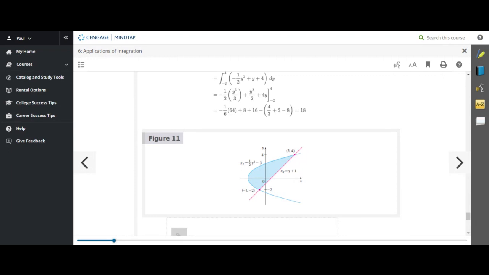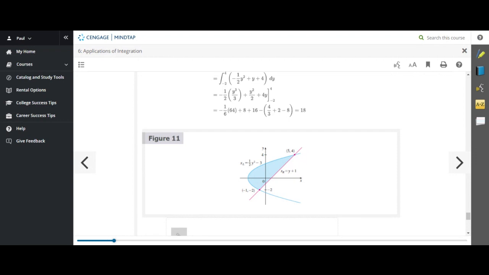So what they're going to do is integrate with respect to y. In other words, I want to say this the right way.